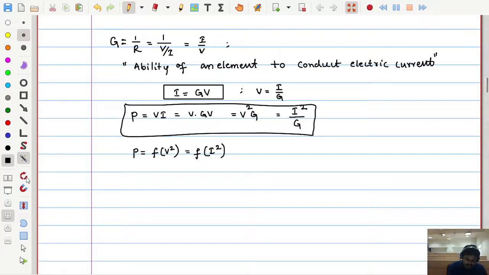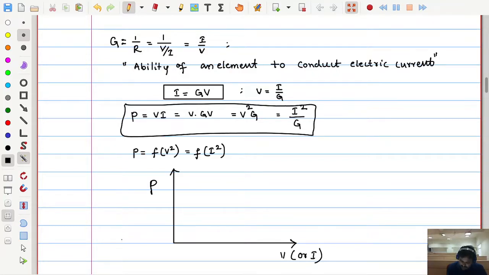If we see the power relationship and power characteristics, what kind of characteristics are we going to get? Let us take the x-axis as voltage or current. Let us say first case voltage, and check the power on the y-axis, and see the relationship between this power and voltage.